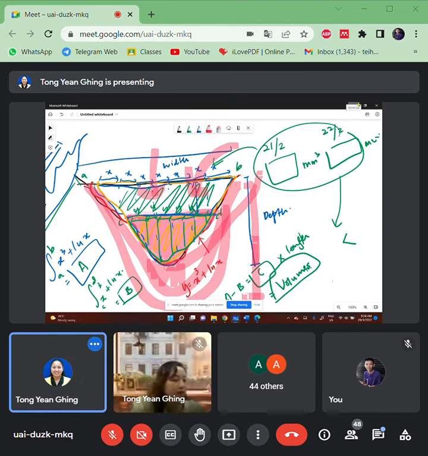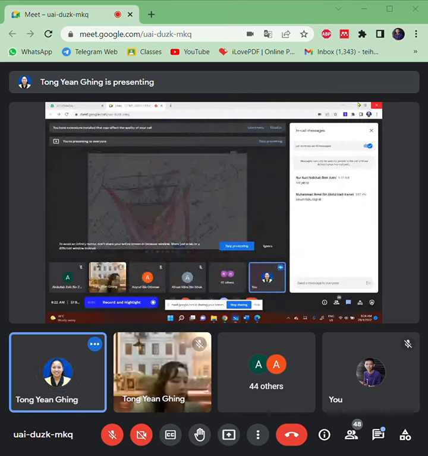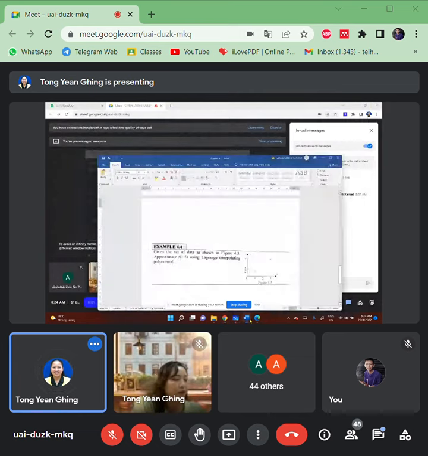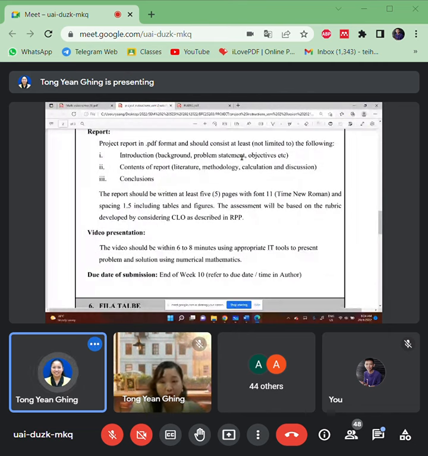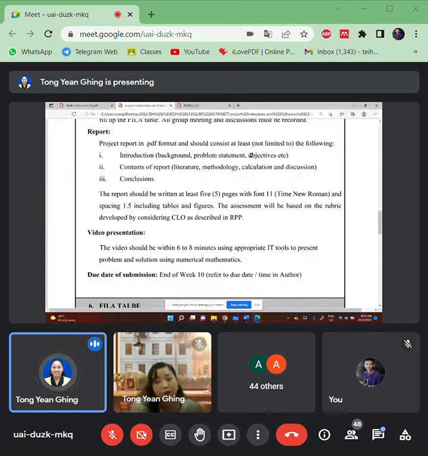Go to the objective. You have to put what your objective is. For example, the objective is to identify the volume of water that can accumulate in this particular river.